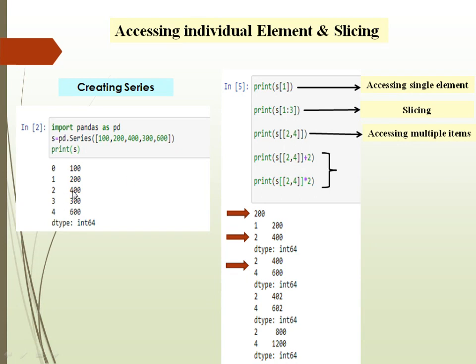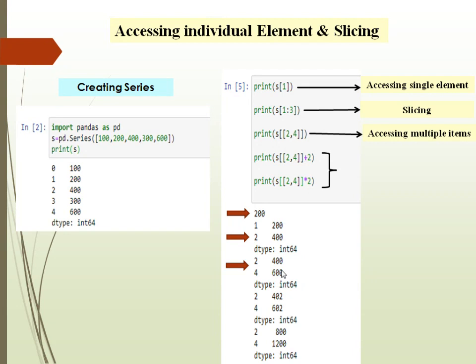The second record is 400 and the fourth record, 600, is going to display here. See, 400 and 600 are displayed. So when you have to find the values in a particular range, you can use slicing. But if you want to display selective values, you can use this nested list method. Clear?